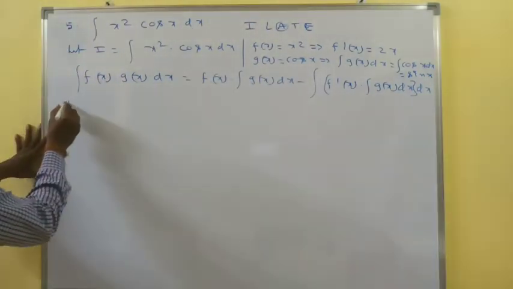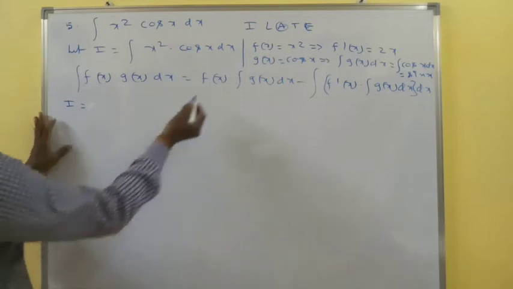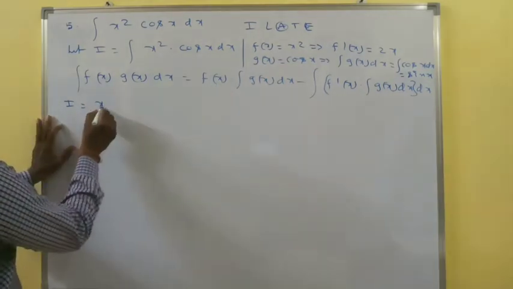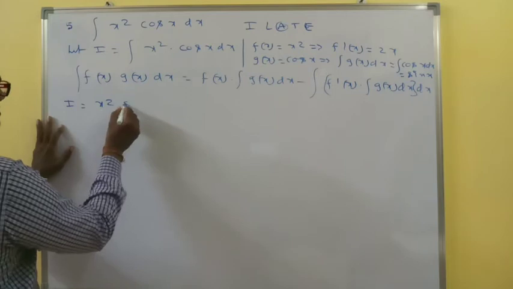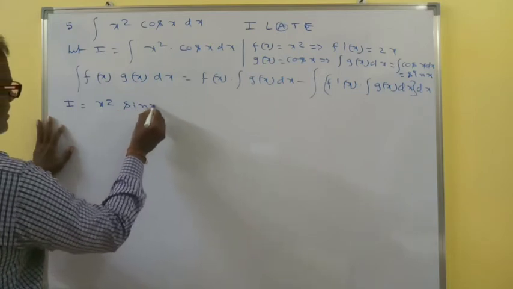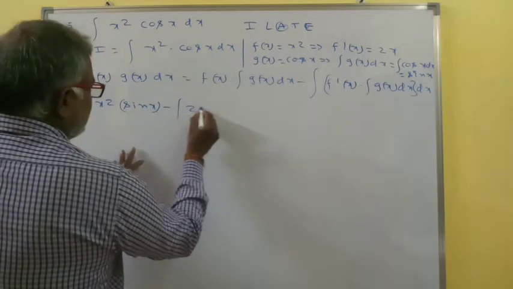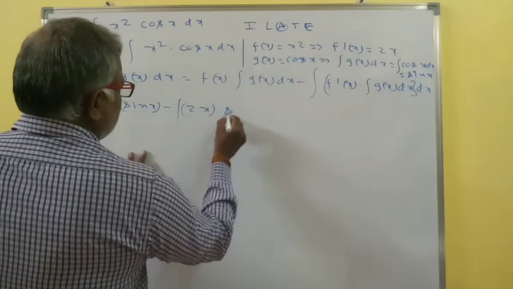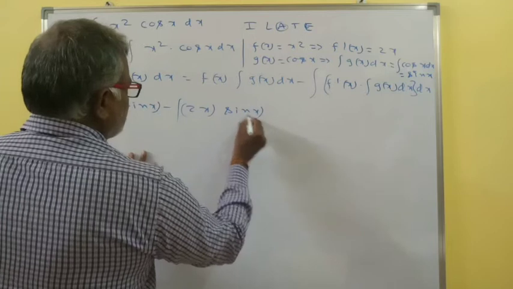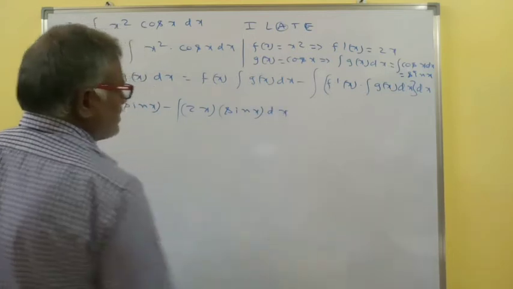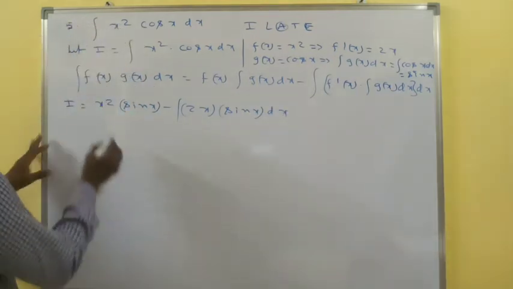So I is equal to, first function x square into integral value of cos x, which is sin x. Minus, derivative of x square which is 2x, into integral value sin x dx.